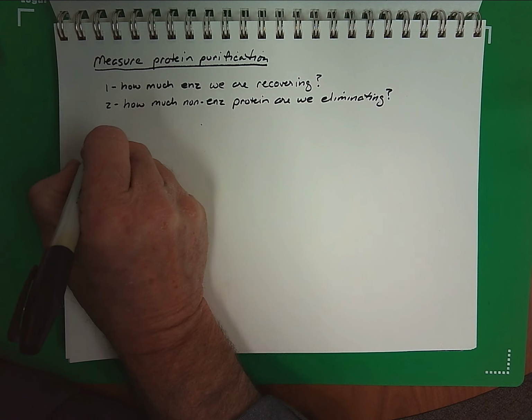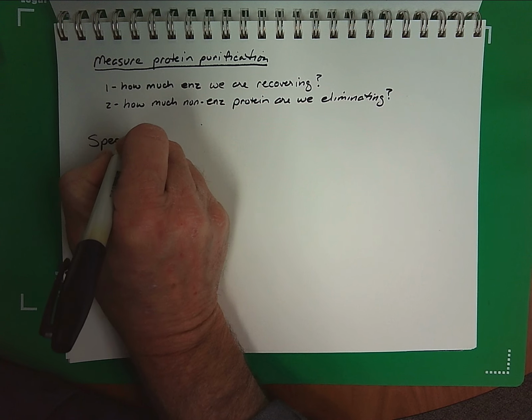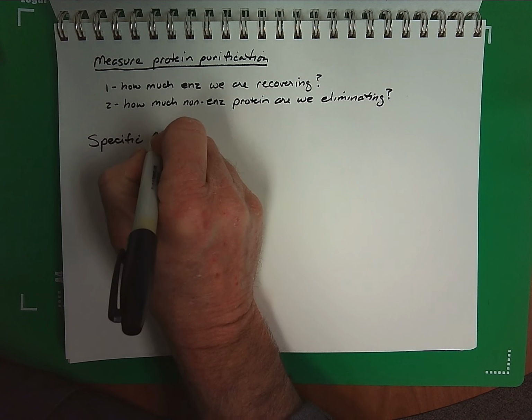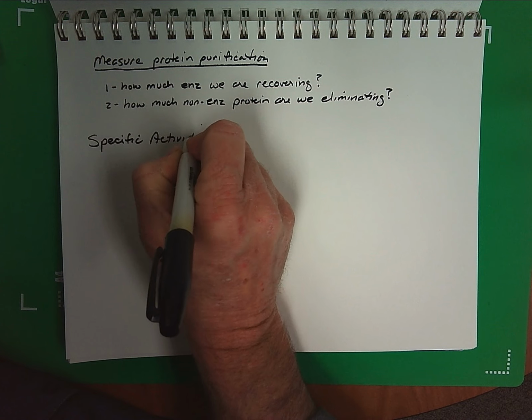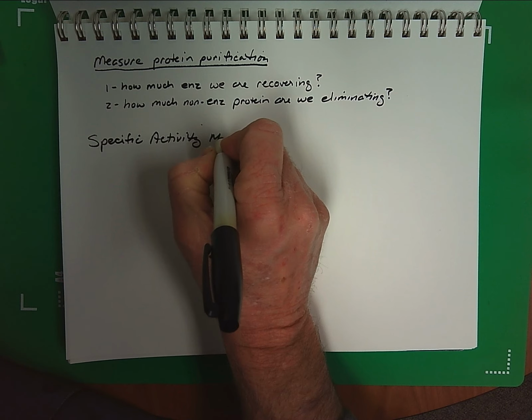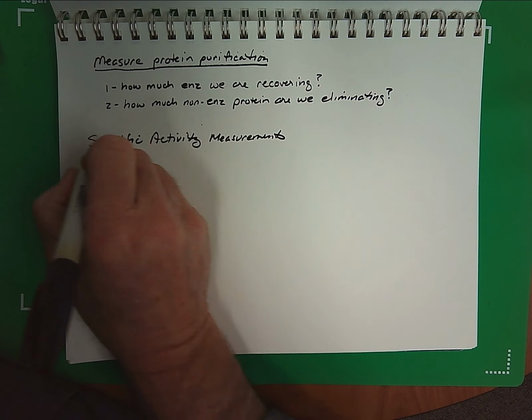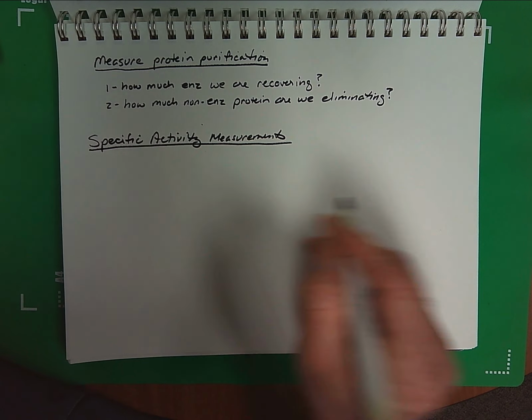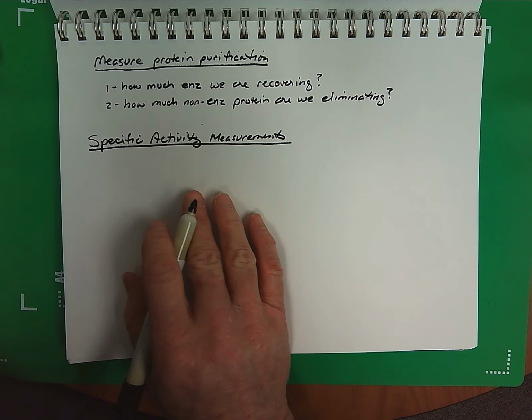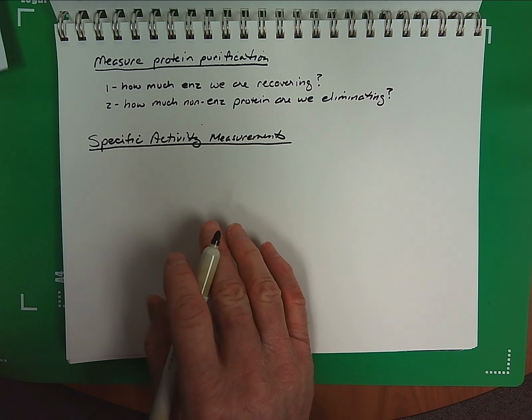So what we are going to do is apply what's called specific activity measurements. And this is done in all protein purification schemes when we're examining an enzyme.